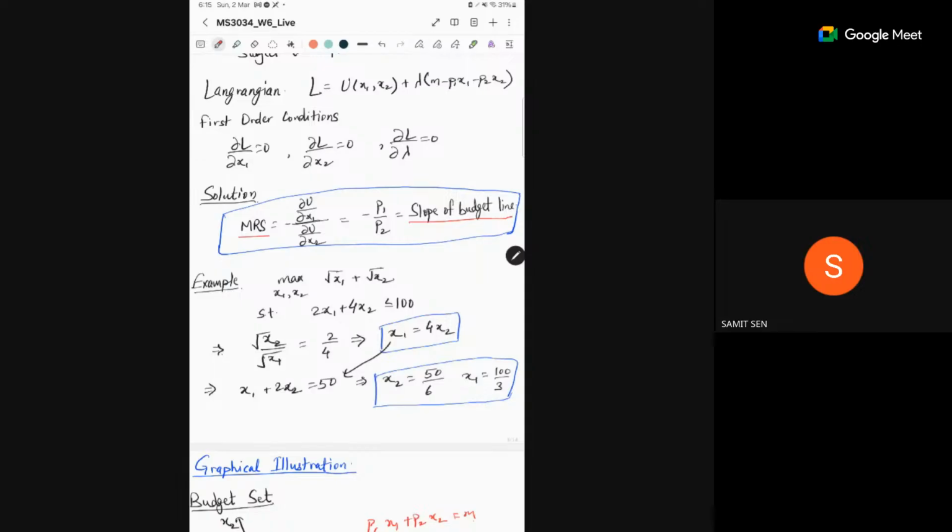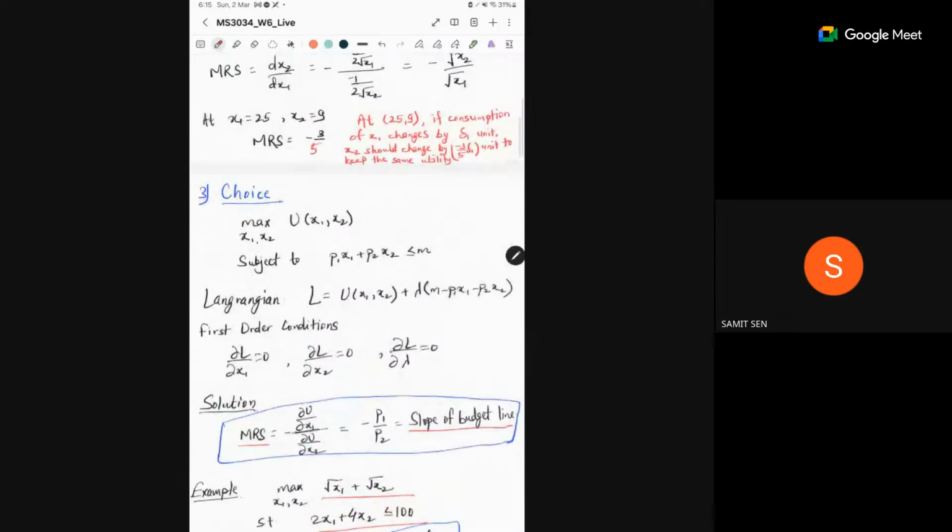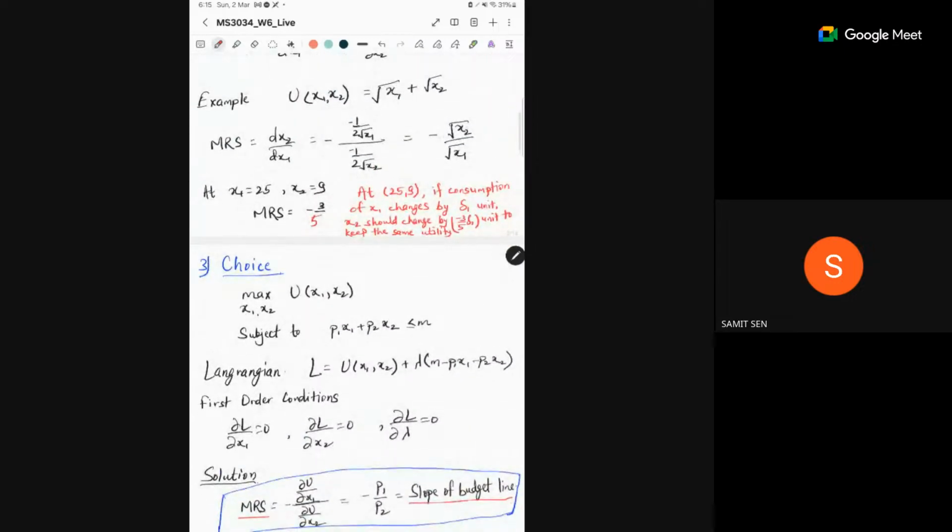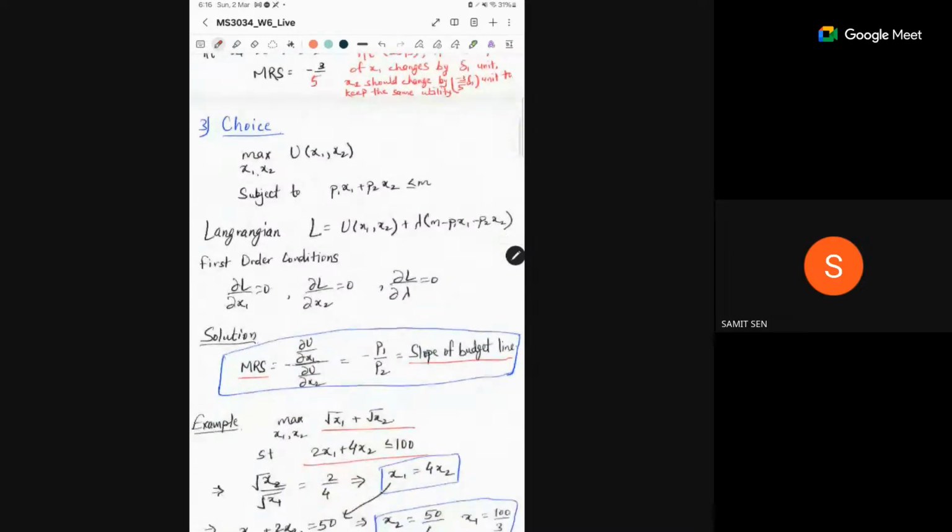Okay, continuing our example, our utility was given by the square root of x1 plus the square root of x2, and this was my budget set. I can set up the Lagrangian and derive the solution, which gives me MRS, as we derived earlier, equal to minus square root of x2 by square root of x1.